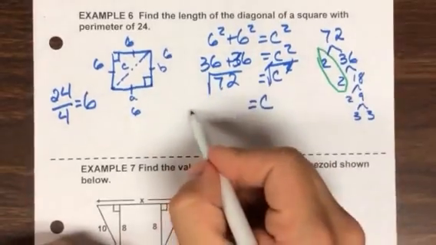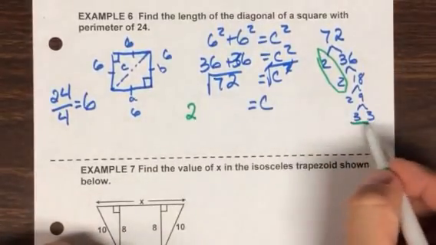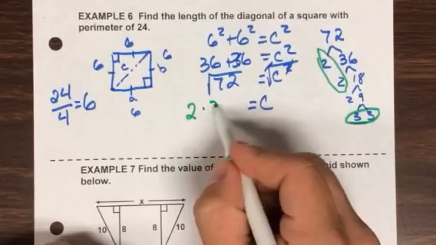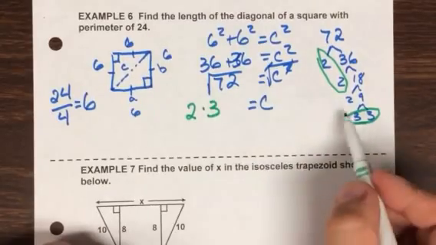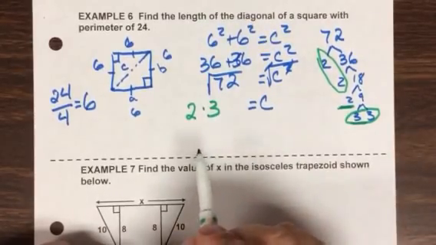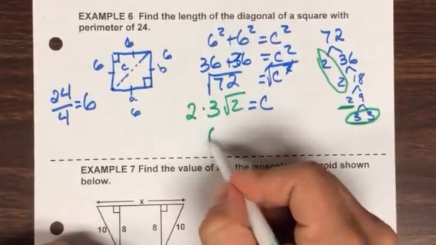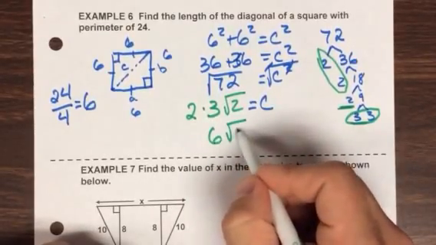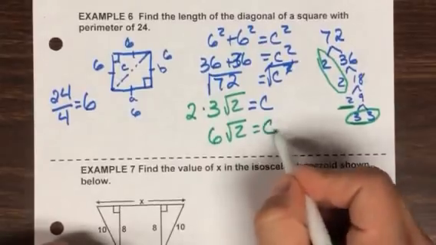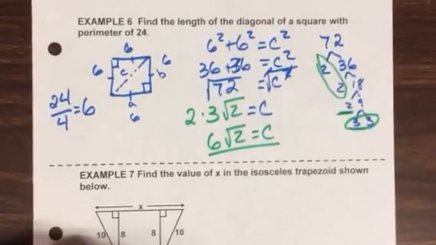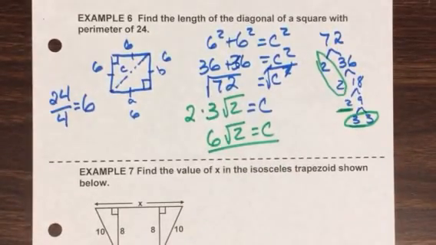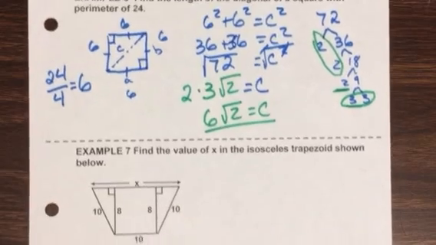I'm going to write them down outside my radical. I have a pair of 3's right here, so I'm going to multiply those things together outside my radical. Now notice I have a lonely 2 left. That 2 must stay underneath the radical. So 2 times 3 is 6, square root of 2 equals C. And that would be your answer for example number 6.